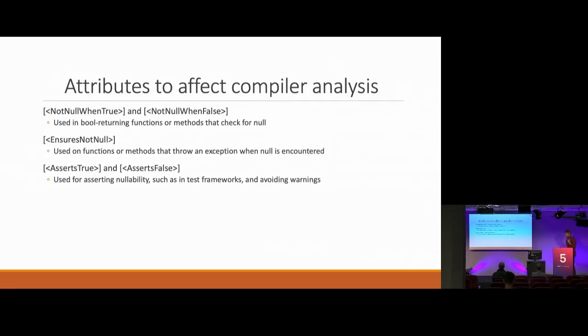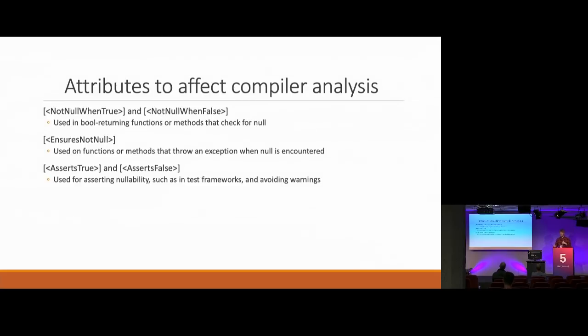I had mentioned compiler analysis, and there's this function where you may have to assert the non-nullability of something. We said we can't associate an arbitrary Boolean-returning function with the nullability of something, because that could be too complex for the compiler to trace everything. However, you can apply certain attributes to affect compiler analysis and allow it to make a certain assumption.